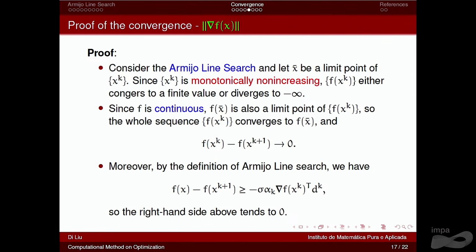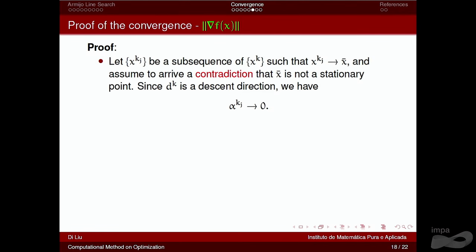So we know that the right-hand side of this inequality will approach 0. And remember that d_k is a descent direction, and sigma is a constant between 0 and 1. Then we can say that alpha_k approaches 0 along some subsequence.